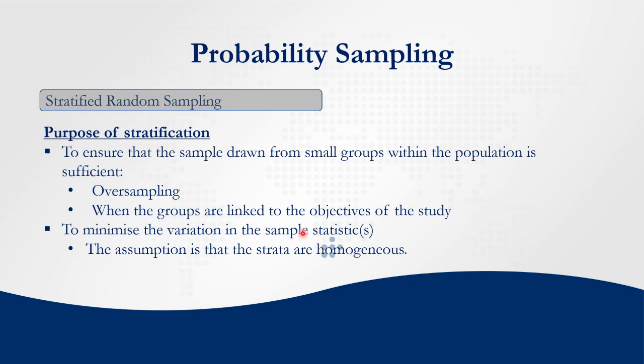Remember with stratification, if I have the 3 universities and my sample size is 169, I have to distribute it to these 3 universities, right?